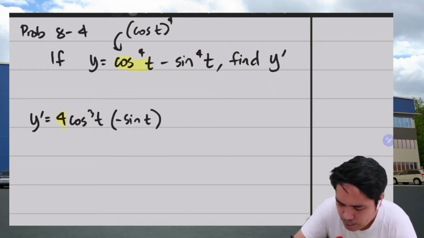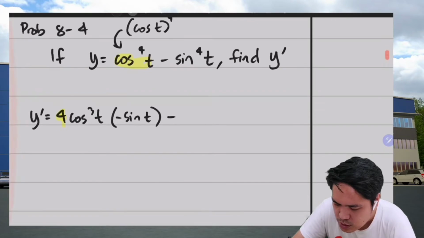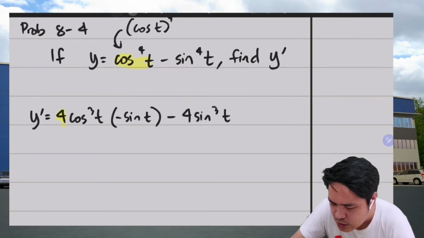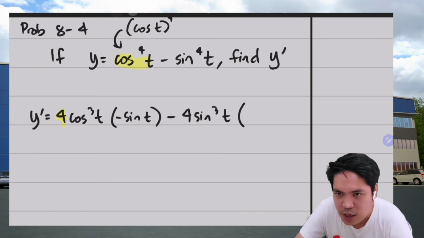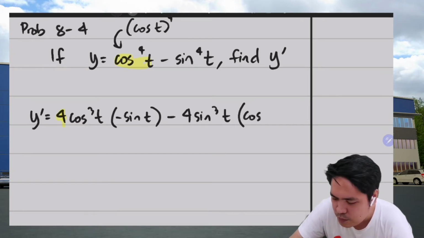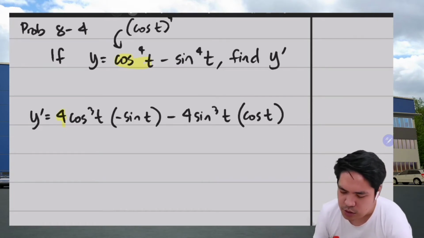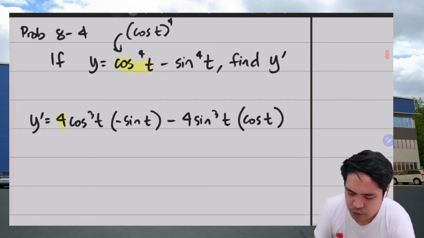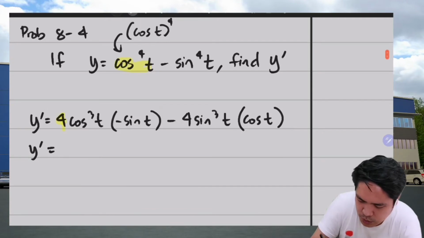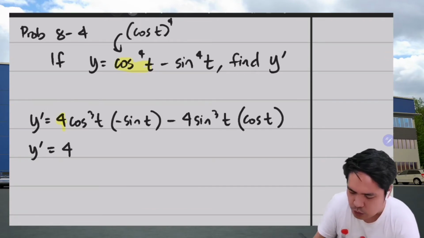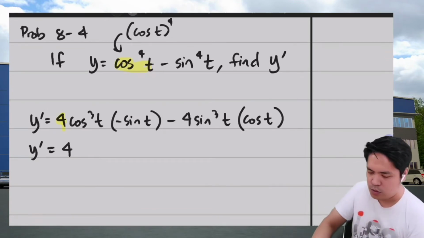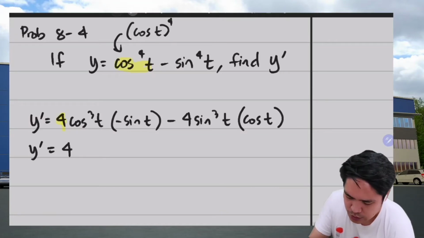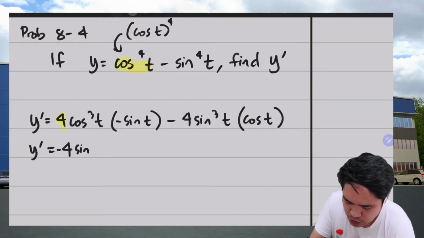Okay, that's it. Then minus, this would become 4 sine cube t times the derivative of sine, which is cosine t, and the derivative of t is just 1. So from here, we could factor out, so y prime, we could factor out 4, and also negative sine t and cosine t.